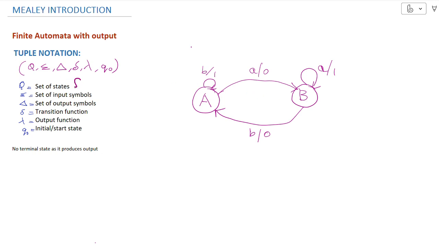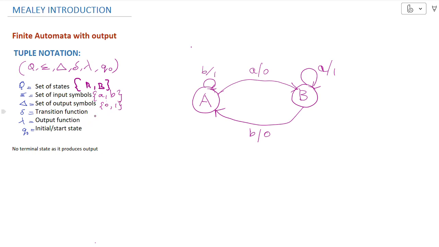And if you have to represent it, it should be capital A, comma B. And the set of input symbols is small a and small b, whereas the set of output symbols is 0 and 1.